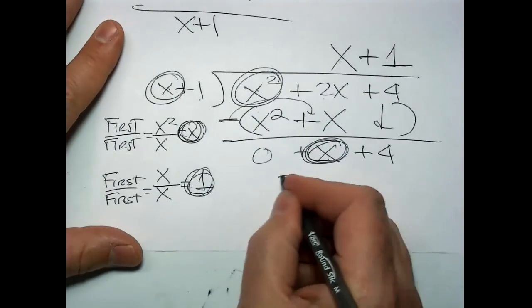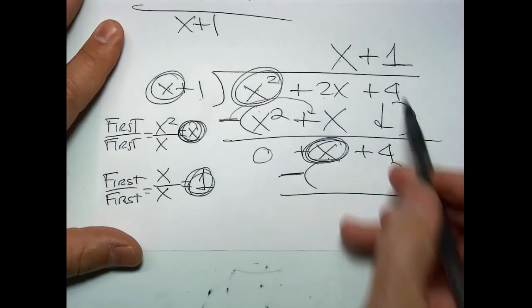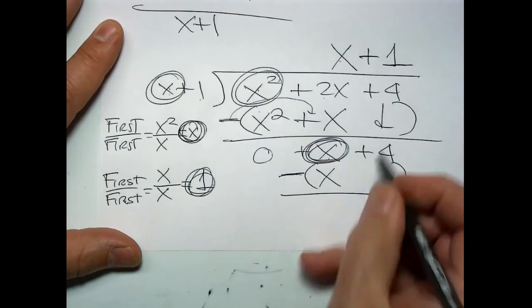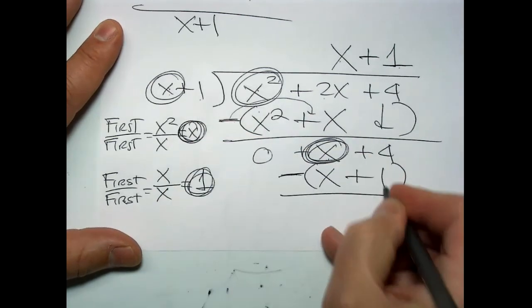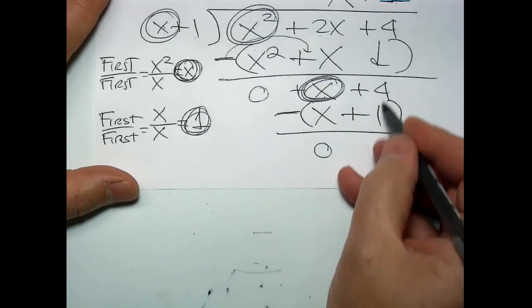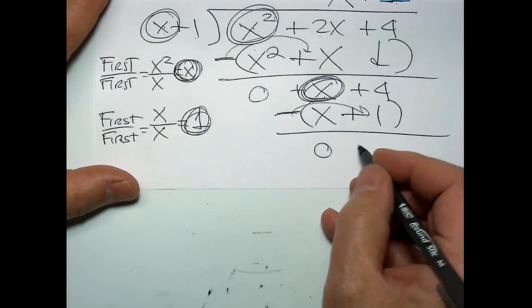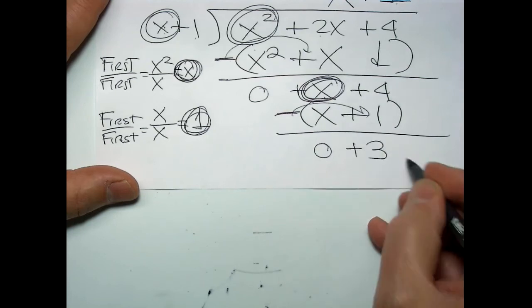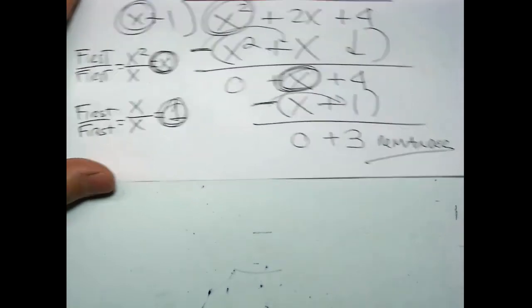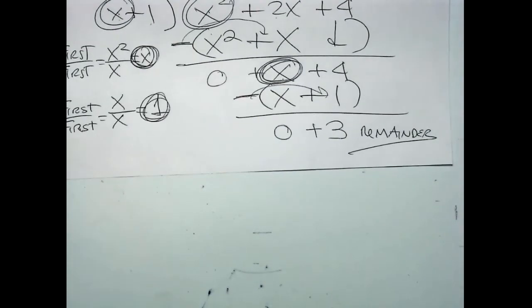Okay, prepare to subtract something, and the something will be the answer part you just got, the 1 times the x, and the 1 times the 1. Now follow through with your subtraction. X minus x is 0, and 4 minus 1. See, 4 minus 1 is not 5, it's 3. And this, of course, is your remainder. So let me express what this fraction is, actually.